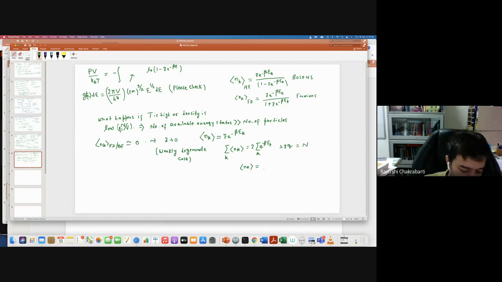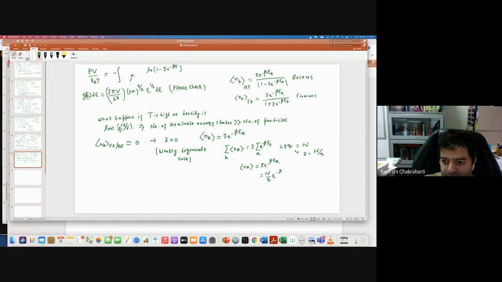This is actually the number of particles. So your nk average is z exponential of minus beta epsilon k. But I know that z is going to be n by q.